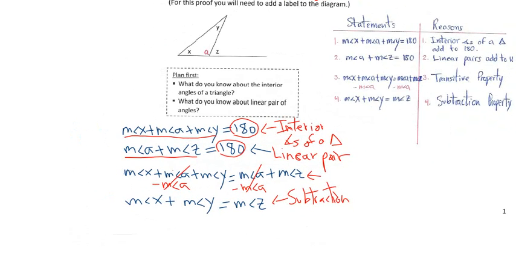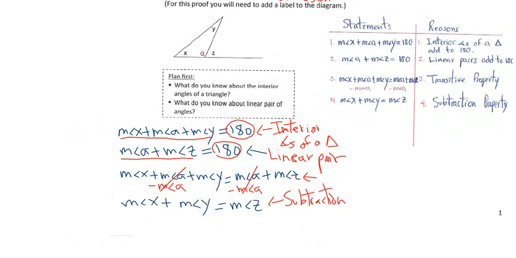So you should have exactly the same thing as the plan. Even if you plan mentally, you should know exactly what it is that you're going to write from beginning to end. So here it is, step number 1, measure of angle X plus measure of angle A plus measure of angle Y is equal to 180, because interior angles of a triangle add to 180.